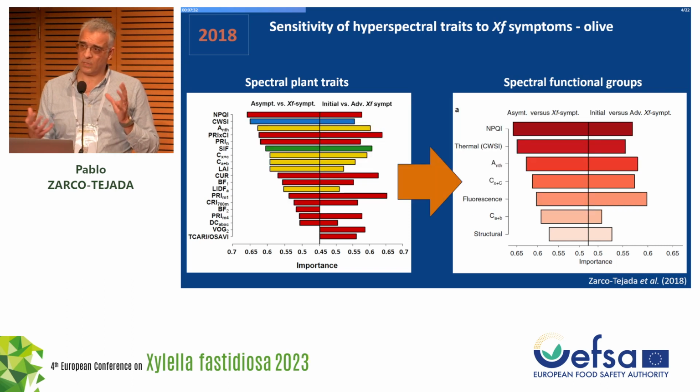More important even than the 80% was that we could identify a series of spectral-based indicators that were sensitive to the presence of the Xylella-induced symptoms under biotic stress. And we identified spectral functional groups that were the most sensitive to the Xylella-induced symptoms, and we also evaluated that importance as a function of the severity levels.